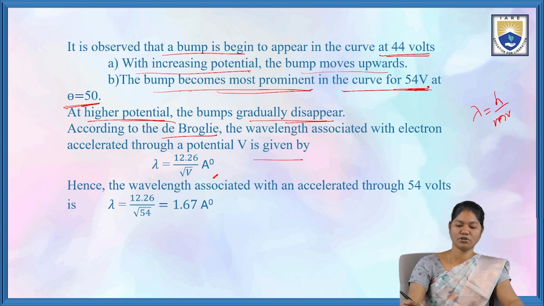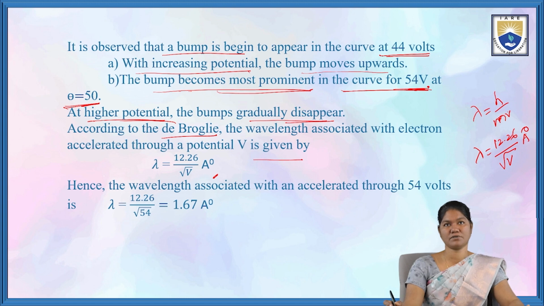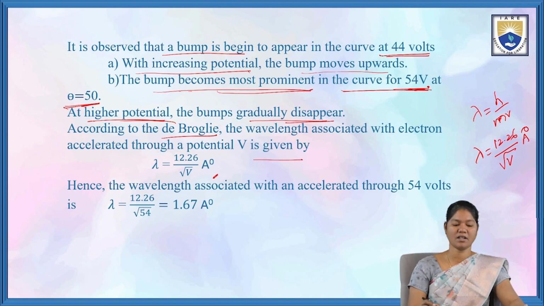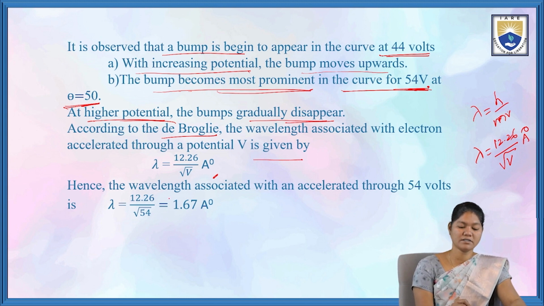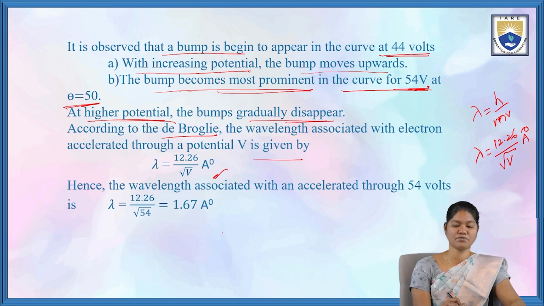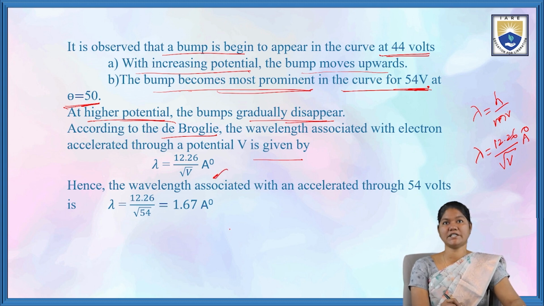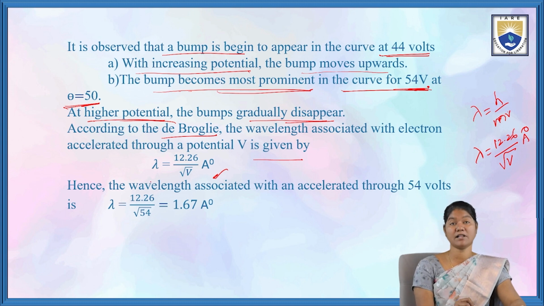So lambda equals 12.26 divided by root V angstroms.